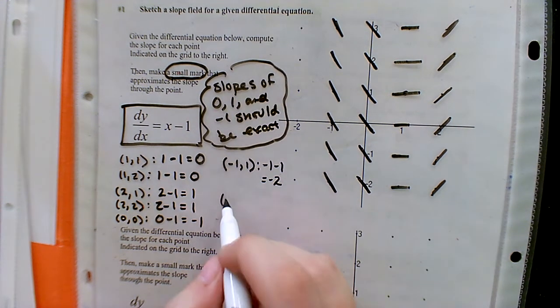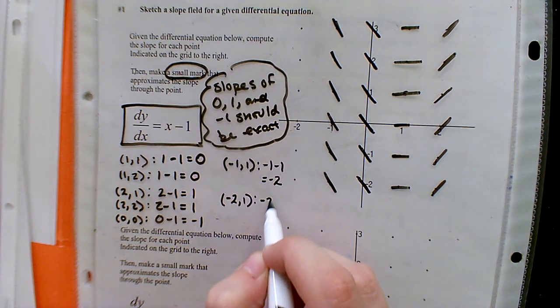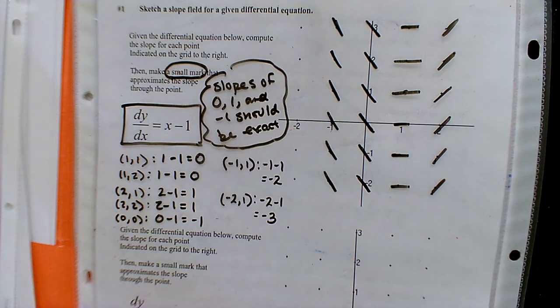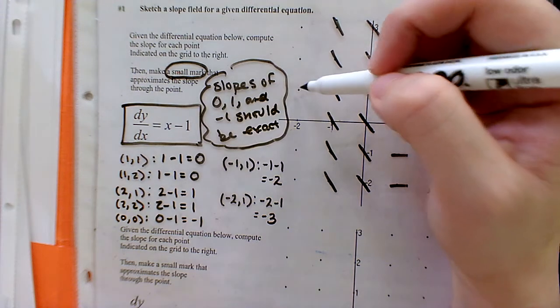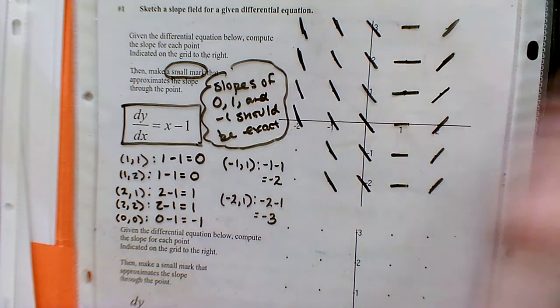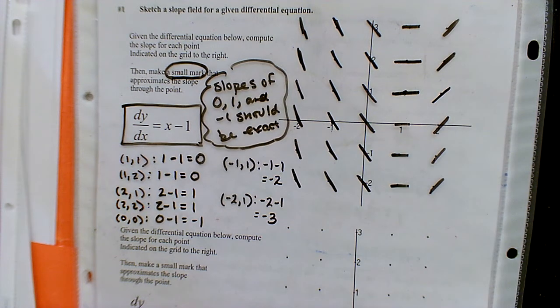If we pick another point, maybe negative 2 comma 1, we'll get negative 3 as a slope. So this should be even steeper yet than the negative 2s that we graphed before. Notice how they might get very steep very quickly, okay?